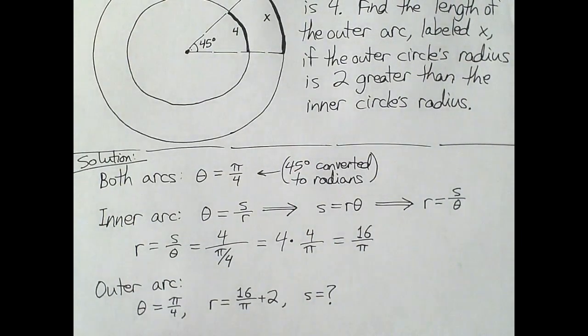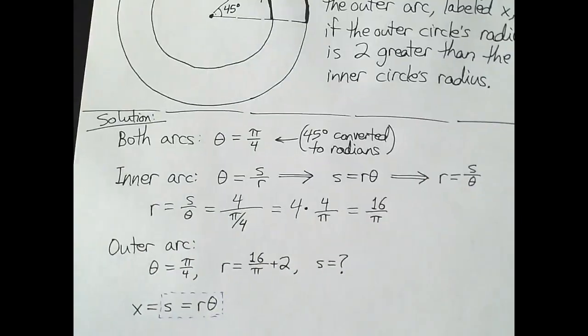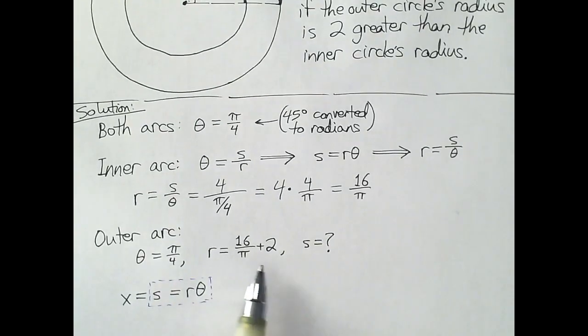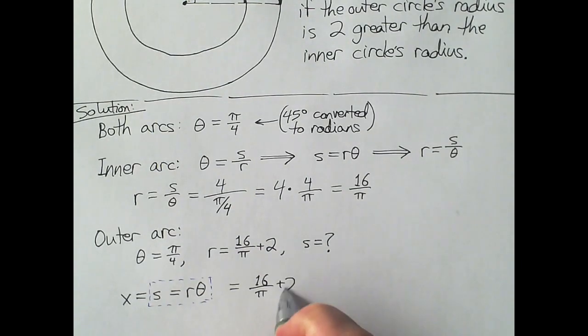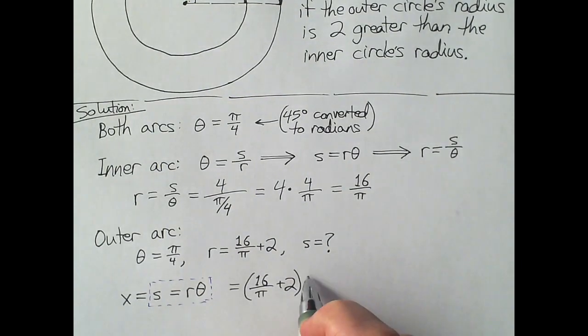So X, which in terms of the formula is S, is equal to R times theta, right? This is the little formula that we know. But now I'm talking about the radius of the outer circle. So the radius of the outer circle is this thing. So it's going to be 16 over pi plus 2, that's my radius, times pi over 4.